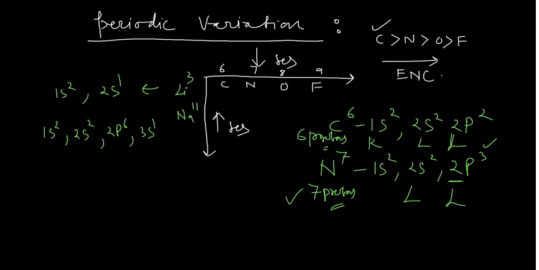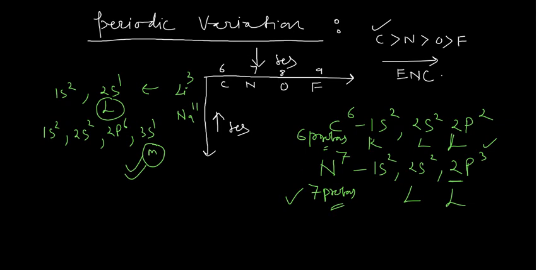So when you go down the group, here the principal quantum number is 2, the L shell, but here it is the M shell. When the shell increases, the radii increases, which you have already studied. So this is how you can explain it. So this is your atomic radii.